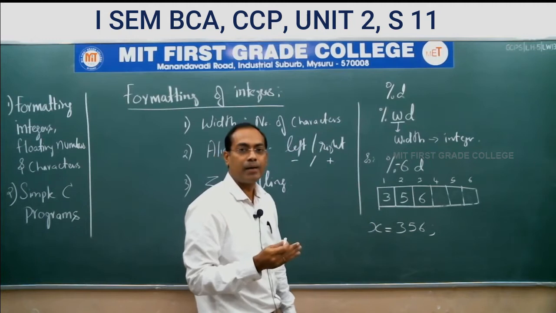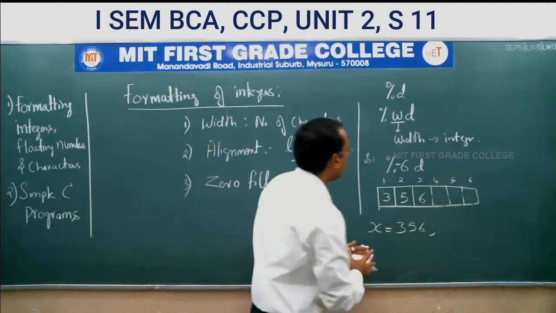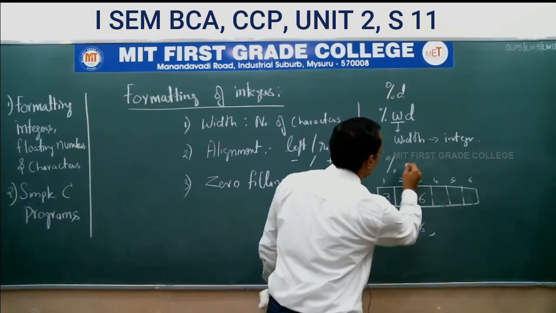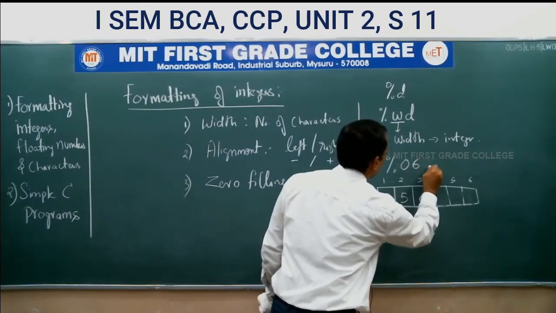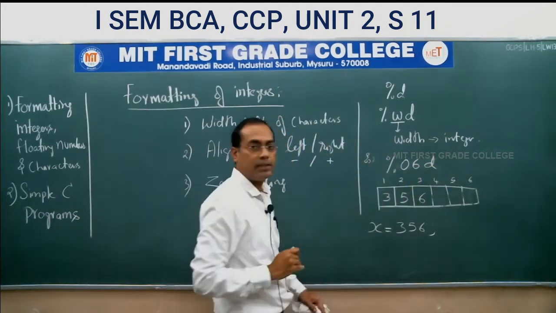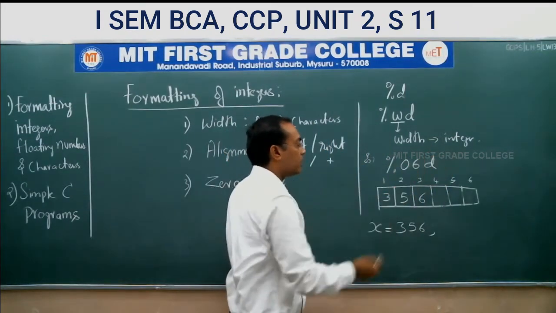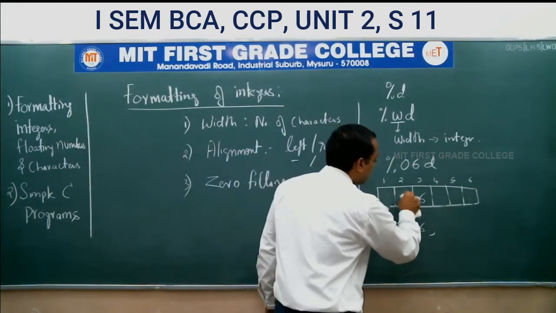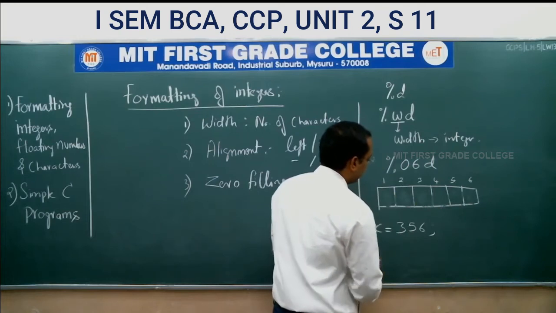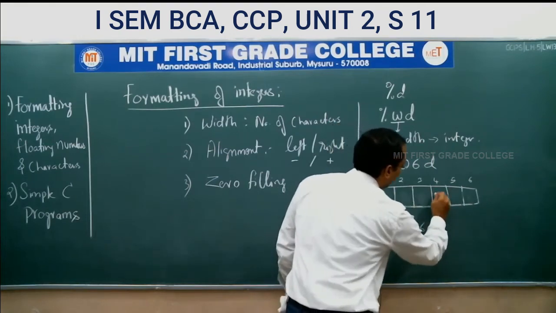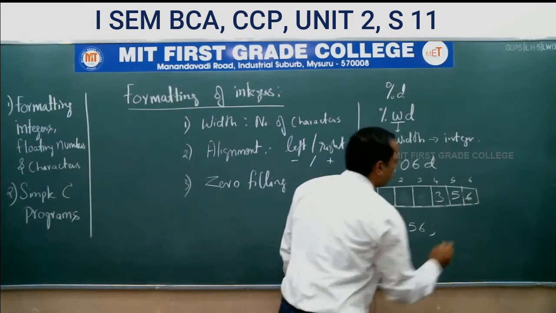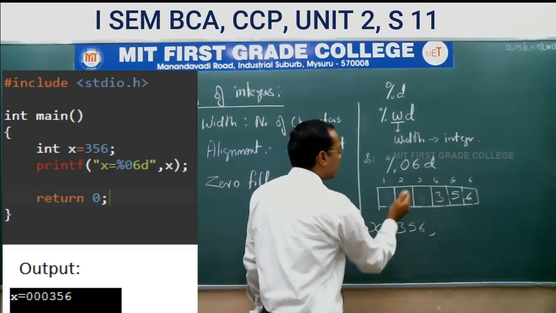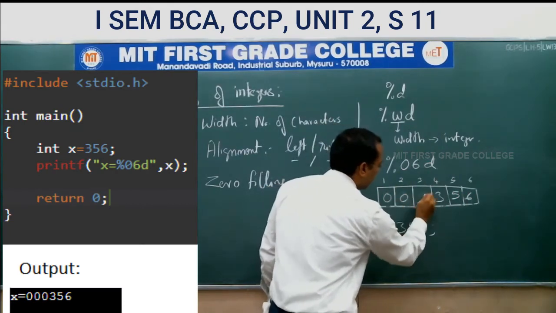Now we'll take an example for zero filling. For zero filling, you have to write %06D. 0 indicates zero filling, 6 indicates total width and D indicates integers. So zero filling appends 0 before the number. So 356 will be displayed right aligned because of the positive sign, and zero filling means appending 0 before the number.